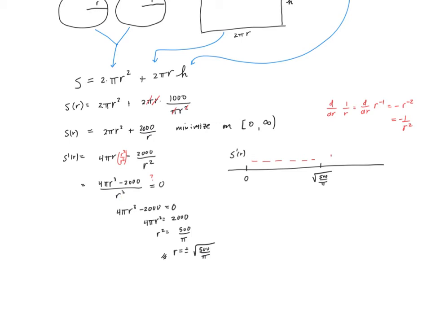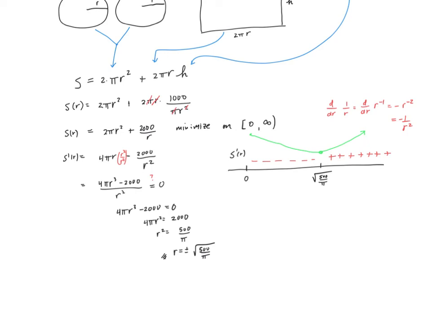And you could figure out precisely what these numbers are, but as I've mentioned previously, as long as you are correct in where it's negative and positive, you can certainly just include those signs above the number line. And this tells us exactly what we want to see happening. We start off at some value with our function s at 0, and on this interval we decrease down to our critical point, and then we increase indefinitely.